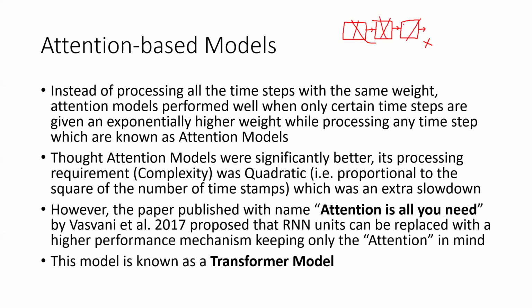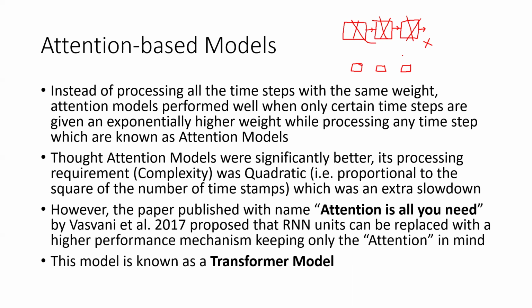We can make a single model where we only take each of the words or each of the tokens or each of the input events, and if we can pay attention only to the most relevant units or most relevant inputs, then we can make a better sequence model.